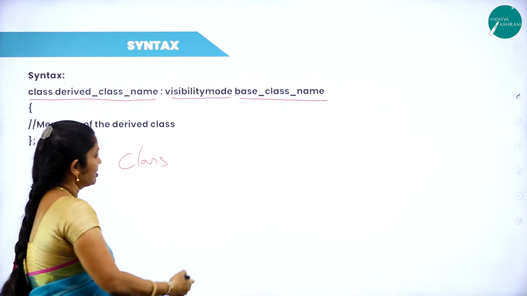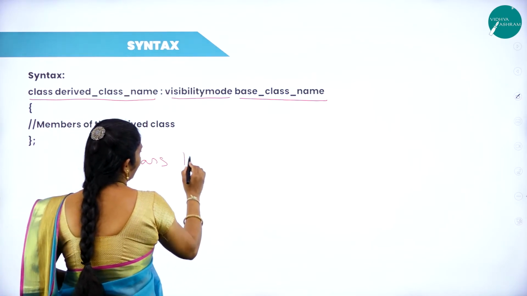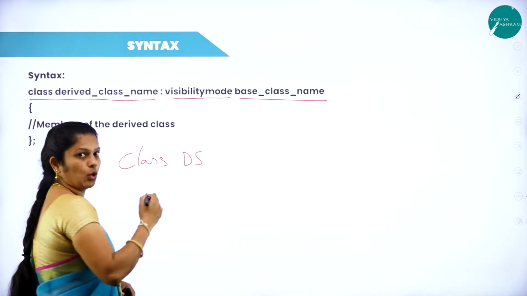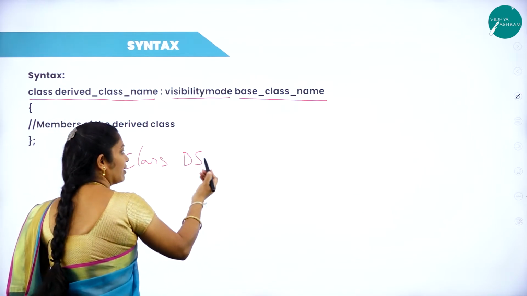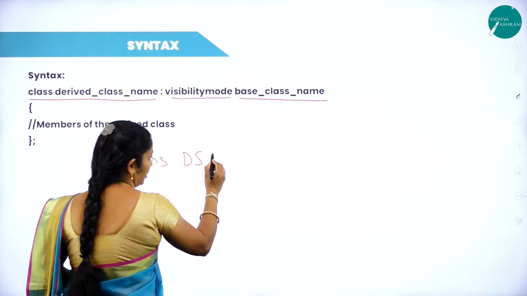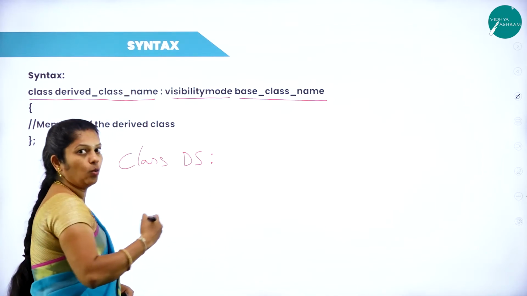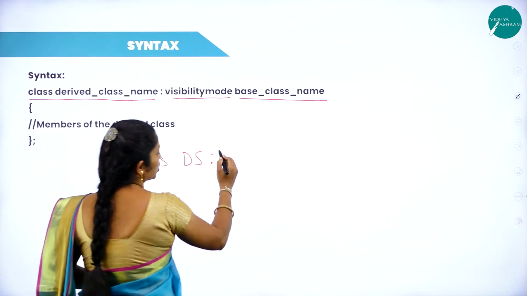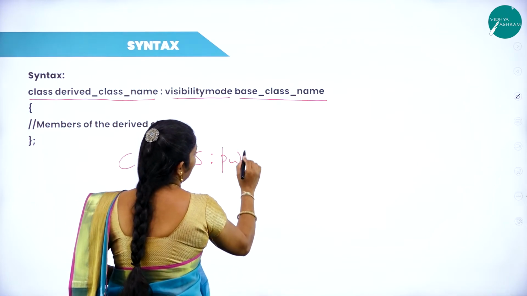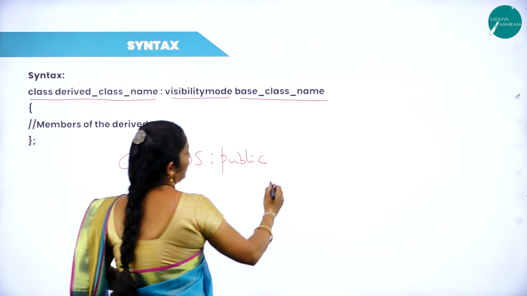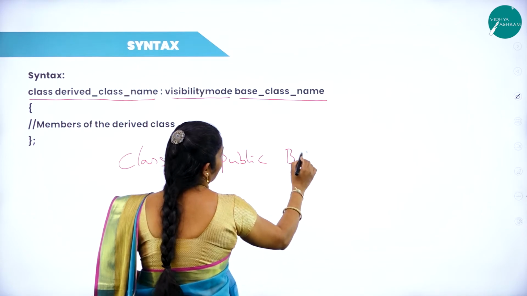To create the derived class, write whatever name you want for the derived class, then mention the colon. This colon tells how we are able to access. Then next the visibility mode. For example, I am going to write public. Then finally the base class we will write.